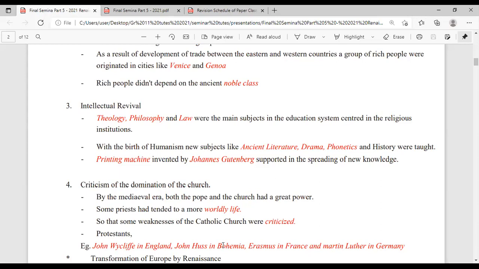So complete the notes in red color. Support me at least to discuss two questions. Then we can do another two more questions on the other day and finish the work within 2 days. So then the Renaissance part is over within 2 weeks.